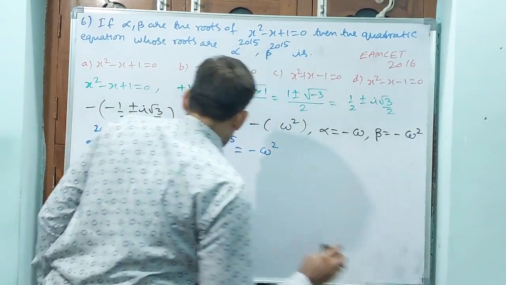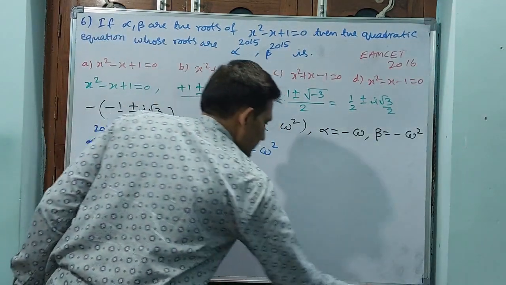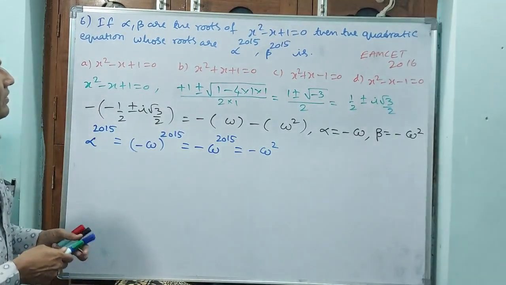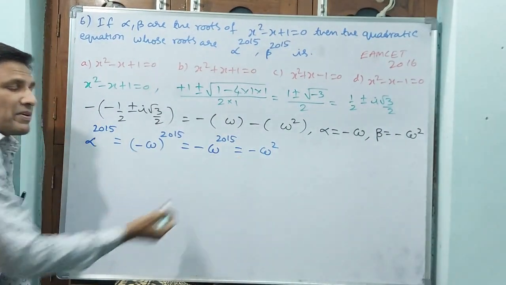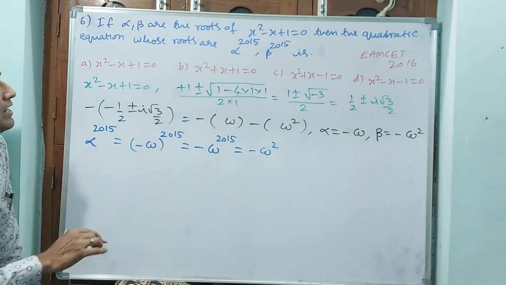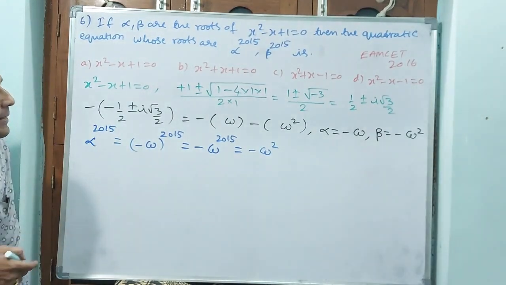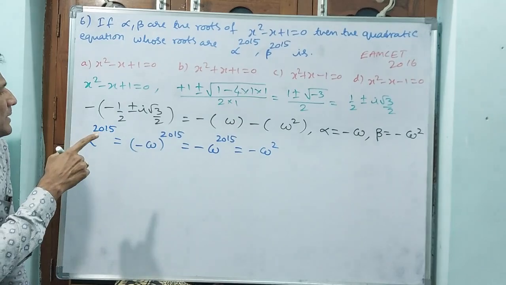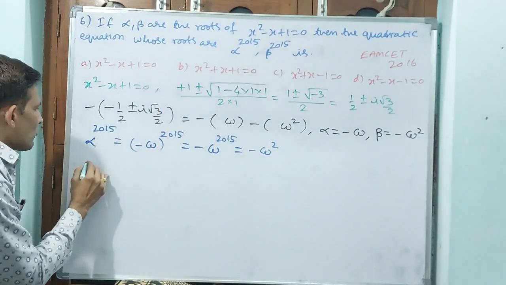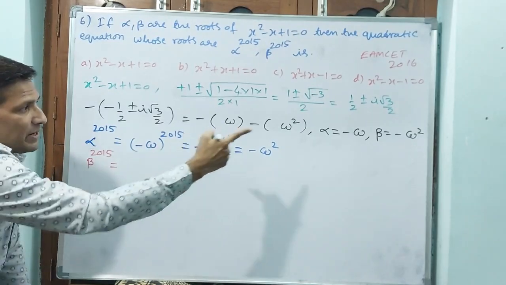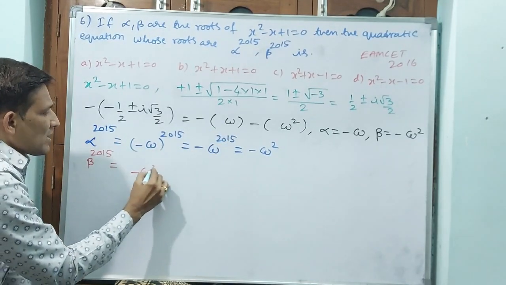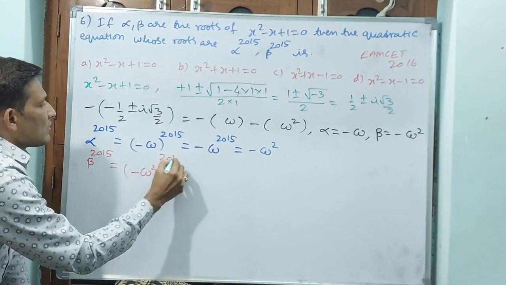Now go back for alpha. See, this alpha to the power of 2015 value is minus omega square. Let it be. Now you see, go for your beta to the power of 2015. Beta means minus omega square whole to the power of 2015.